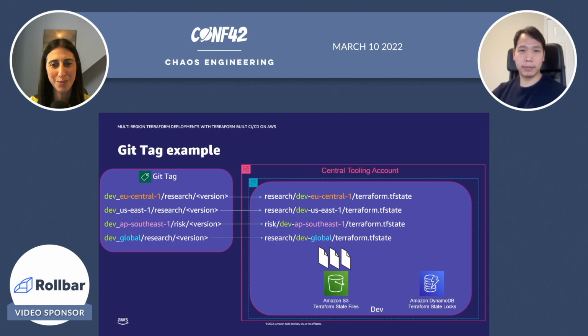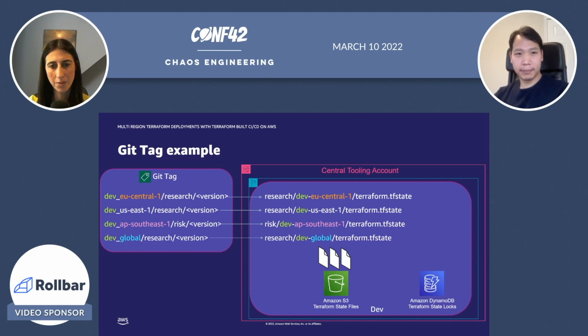Maybe we need to do some Terraform state surgery in EU Central 1 for research dev. We know that we will not have any impact on the existing deployments of research dev in any other region. Research dev US East 1 is not going to be impacted because that's in a completely different Terraform state file.